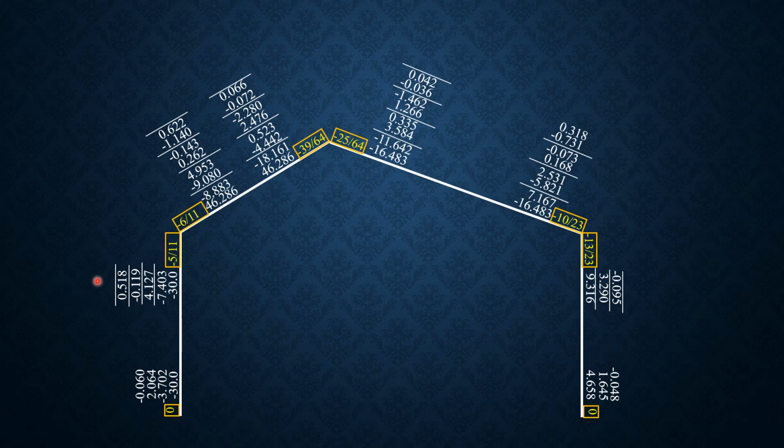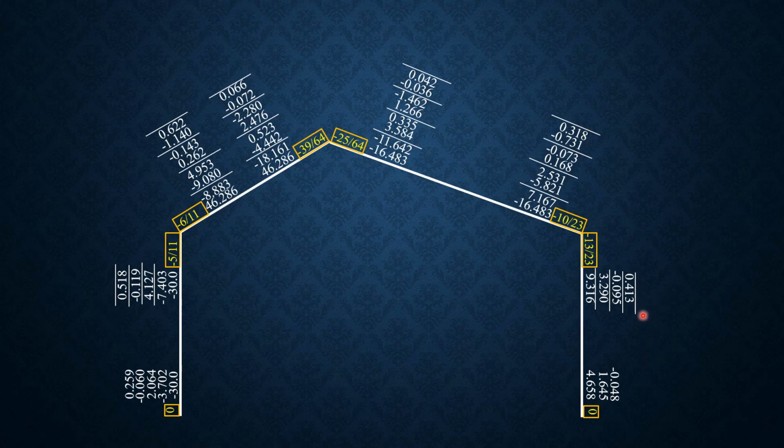Then carry over, so 0 here, half of 0.518, half of 0.066, 0.033, half of 0.622, 0.311, half of 0.318, 0.159, half of 0.042, 0.021.